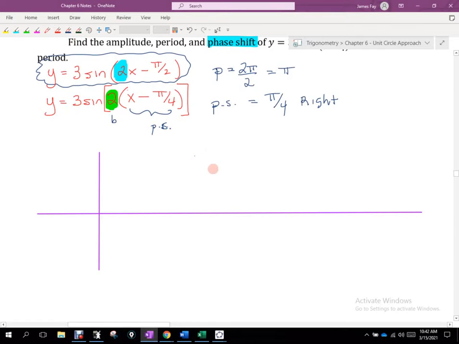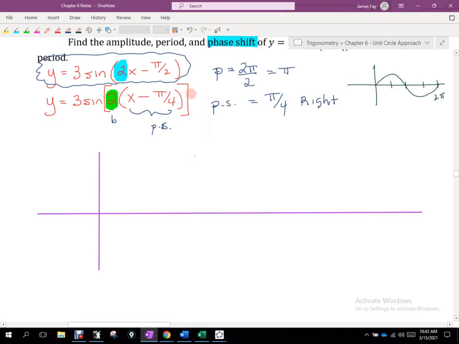When there's a phase shift, what I like to do is a combination of looking at my parent function and graphing on top of the current graph. So we know it's a sine function, so my parent function is going to be that.